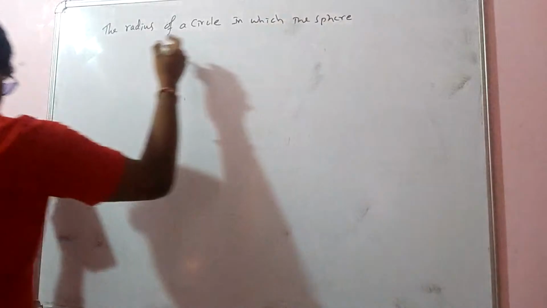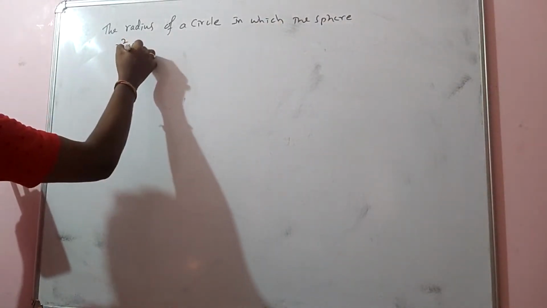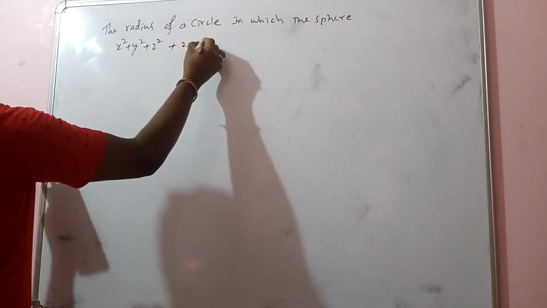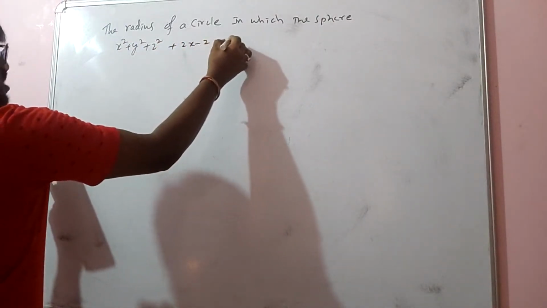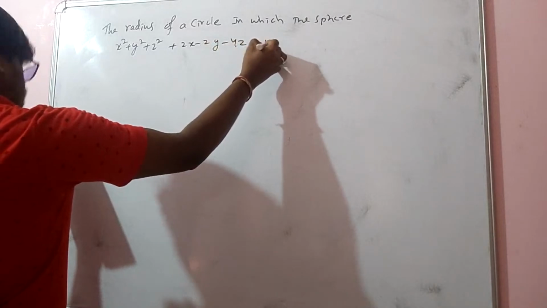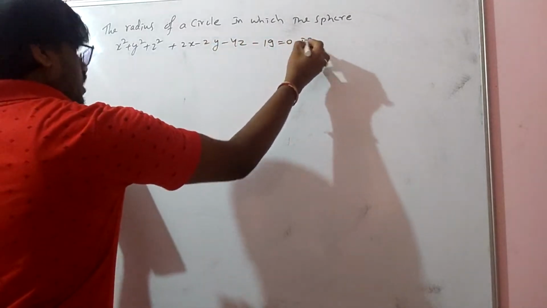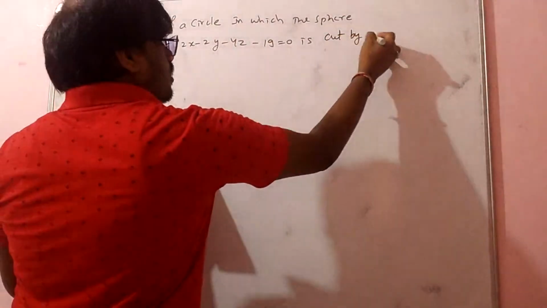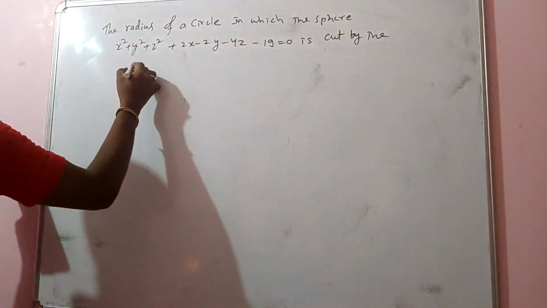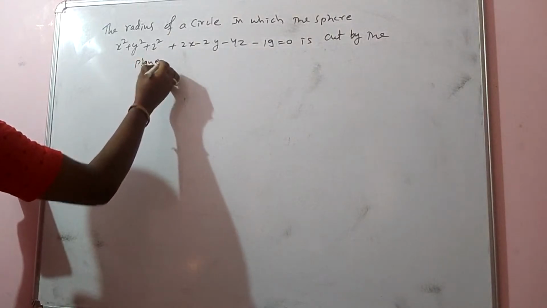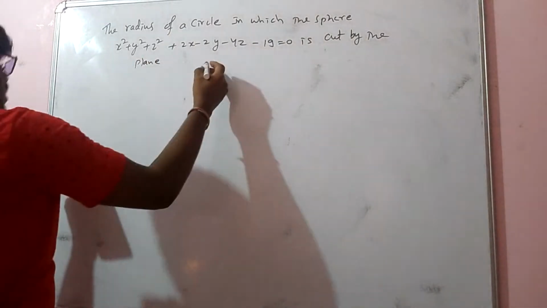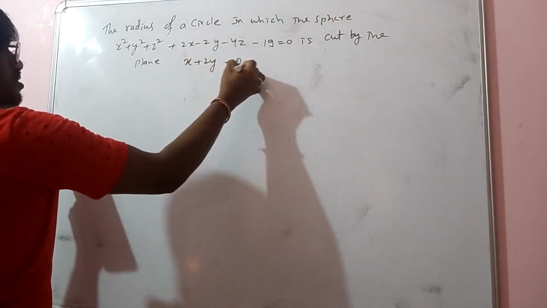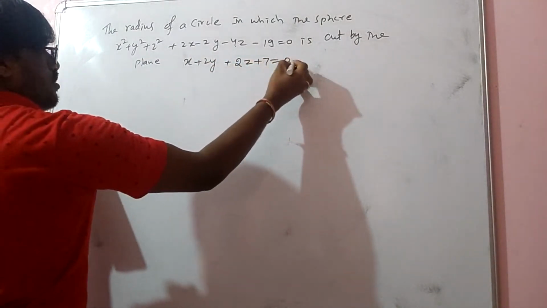The sphere x square plus y square plus z square plus 2x minus 2y minus 4z minus 19 is equal to 0 is cut by the plane x plus 2y plus 2z plus 7 is equal to 0.